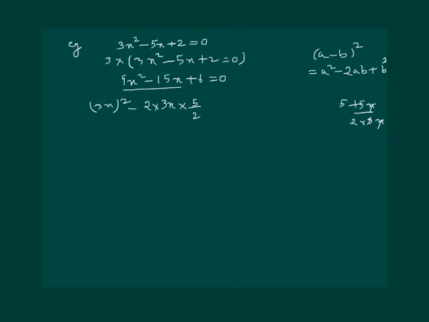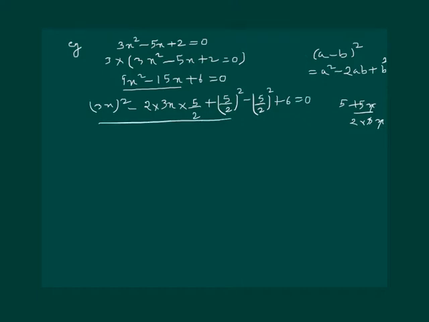So, now I have my b as 5 by 2 and I need to add b square and subtract b square to convert it into a perfect square. So let us add b square and subtract b square to convert this equation into a perfect square.